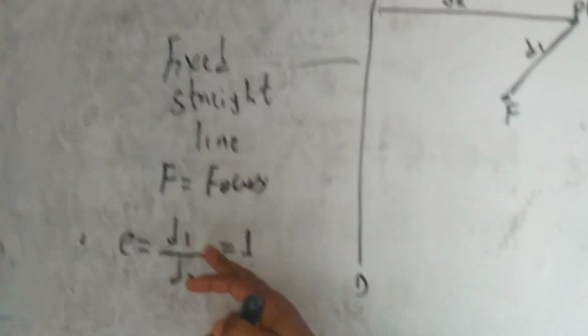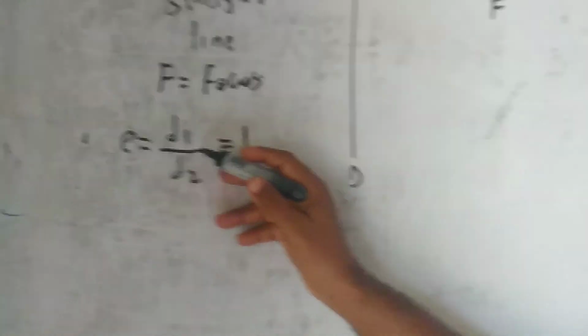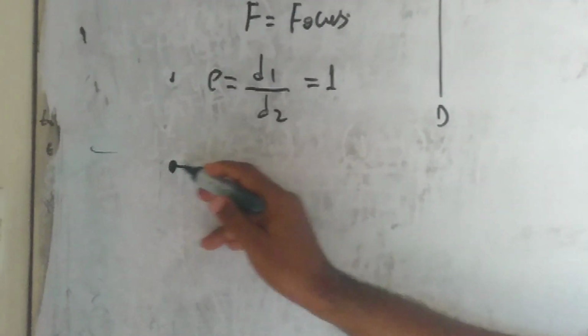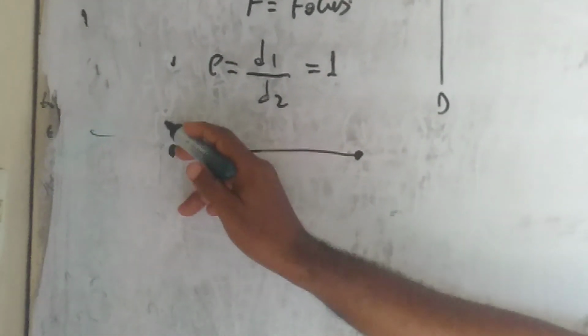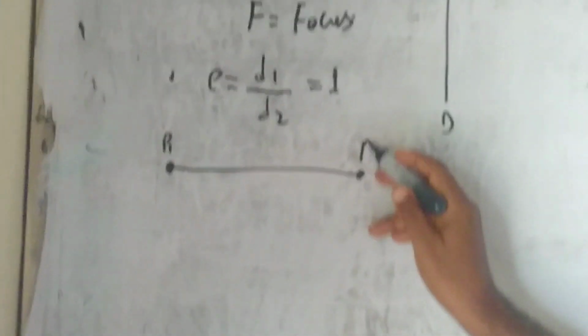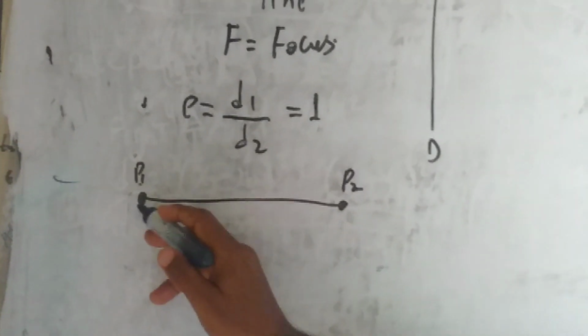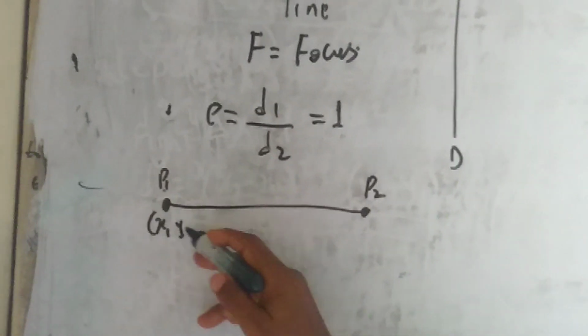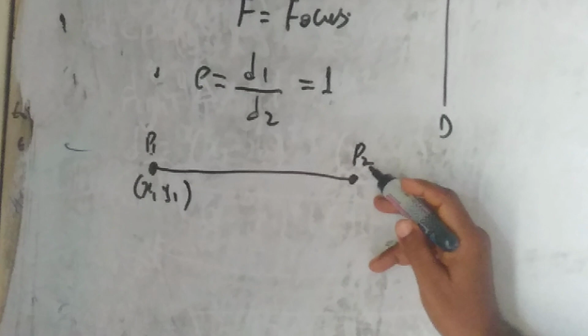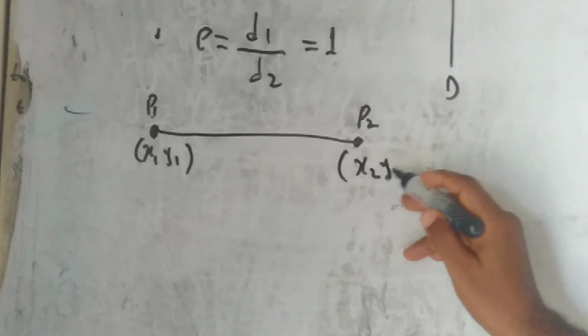Now, I want to remind us of how to determine the distance between 2 points on a straight line. Let's call this one point P1 and this point P2. The coordinates of P1, let's call it x1, y1, and the coordinates of P2, x2, y2.